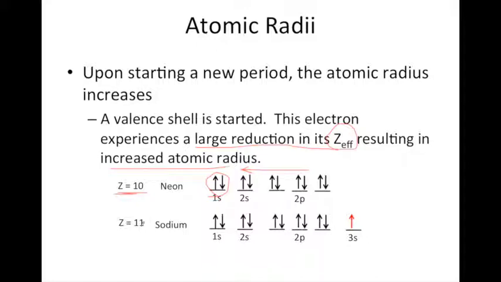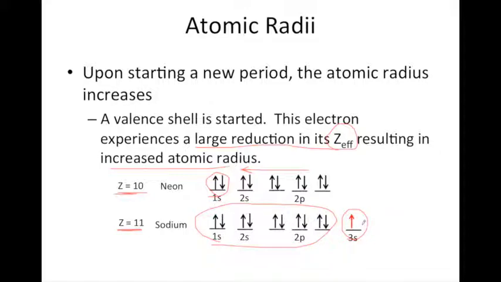However, when we go from neon to sodium, we only add 1 proton, but we start a new valence shell. This valence electron, this 3s electron, experiences a great increase in the amount of shielding, because now instead of just 2 core electrons, we have 2, 4, 6, 8, 10 core electrons.